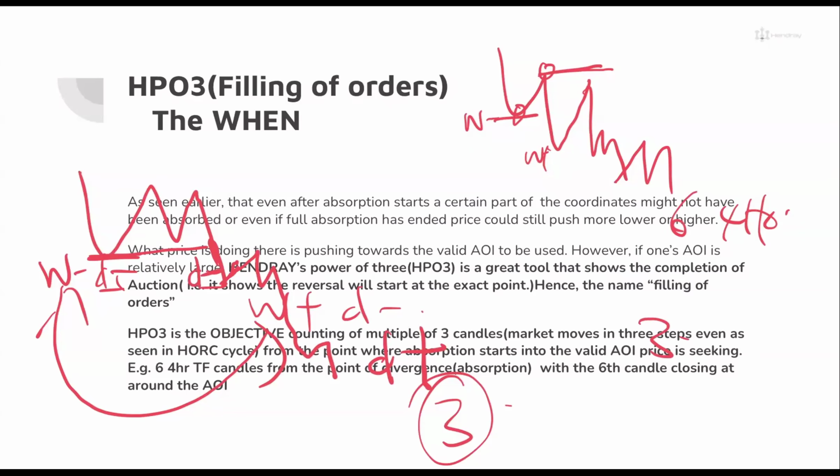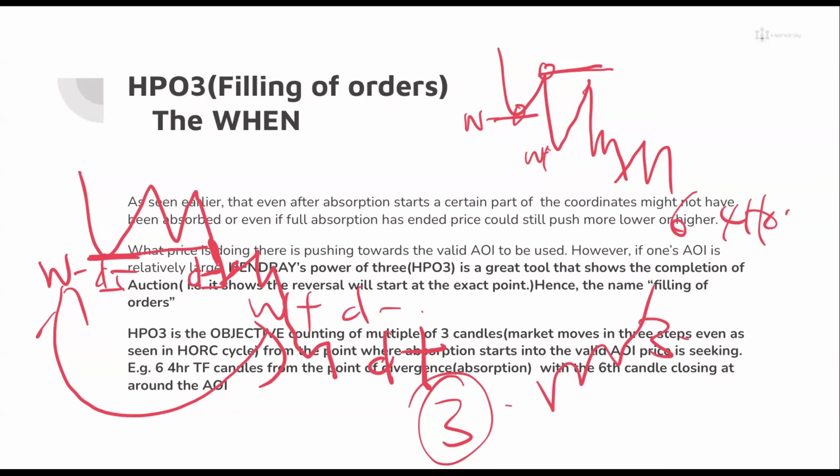There are only two things to do in the market, isn't it? You either buy or you sell. So if there is no full absorption, showing you that a certain present trend, maybe your buy, is still in motion, automatically you keep taking that buy. I hope that makes sense. You keep taking that buy. All right?